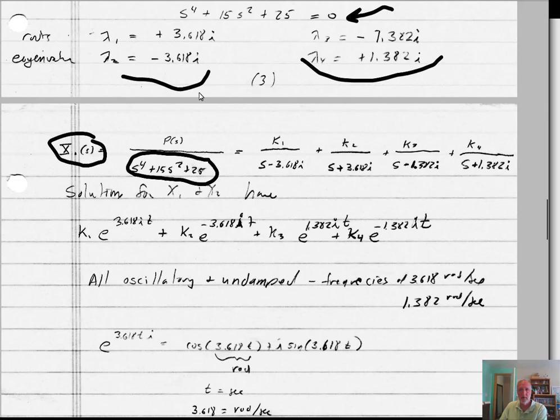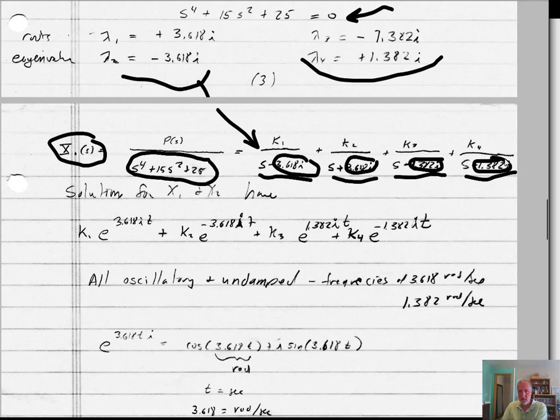So those roots that we found up here go into the denominators of the partial fraction expansion, because you can factor this denominator into the 4 different factors. So here we got s minus 3.618i, s plus, s minus 1.384. So each one of those roots shows up here, here, here, and here when we're doing the partial fraction expansion.